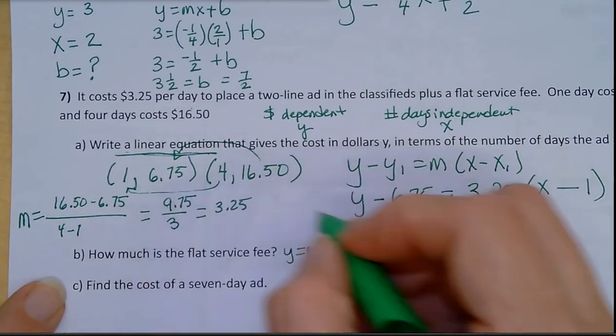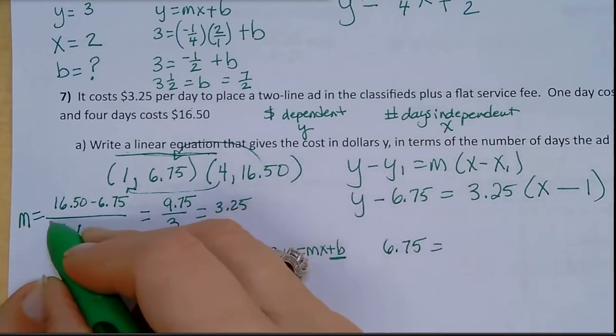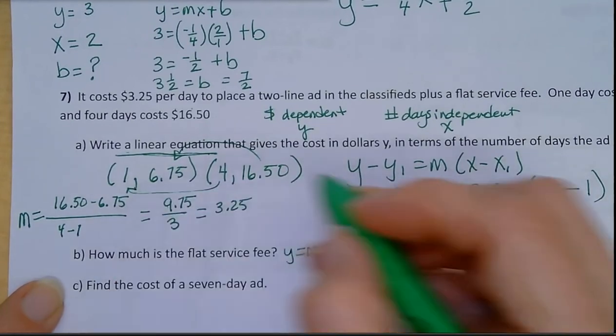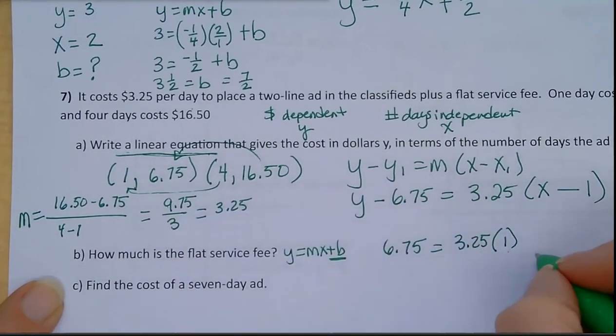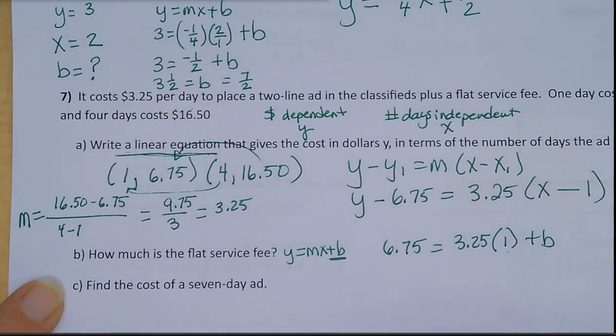My y value is 675. That equals m, which is 3.25, times x, which is 1, plus b. Okay, so I'm going to say 675 minus 3.25, and I get 350, right? B equals 350.